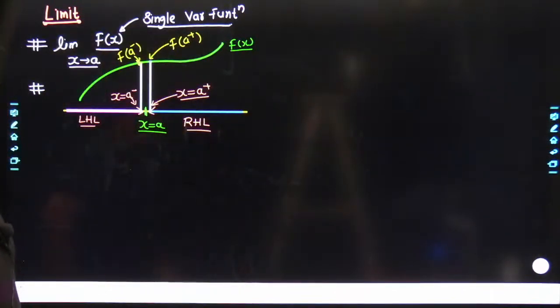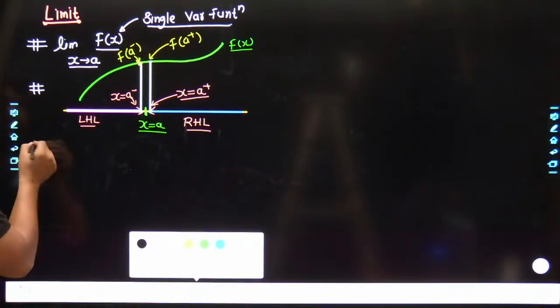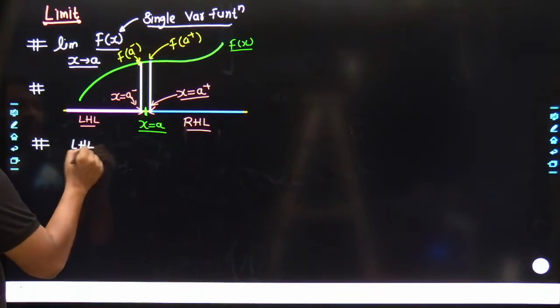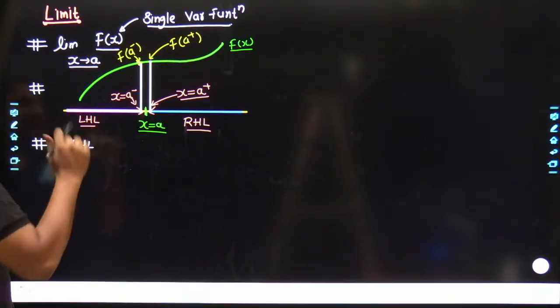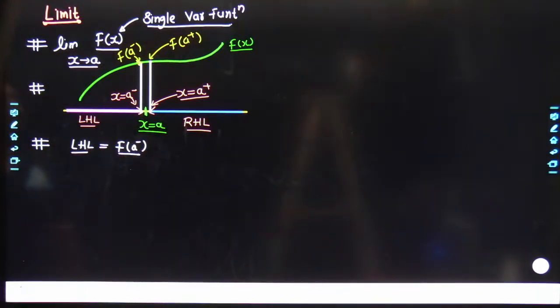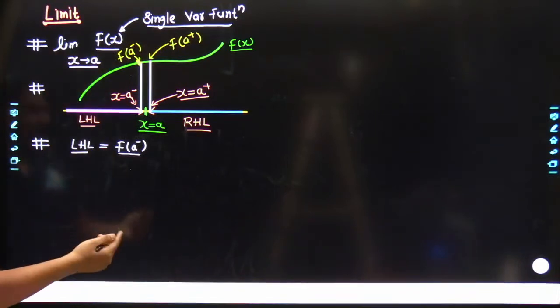Could you understand? So here two results we are getting out of this. The left hand limit, when you approach towards a from the left hand side, has been f of a minus. May I know what the a is over here? The a had been the test point, or the point at which the limit has to be calculated.